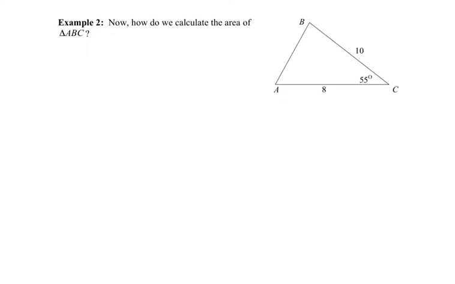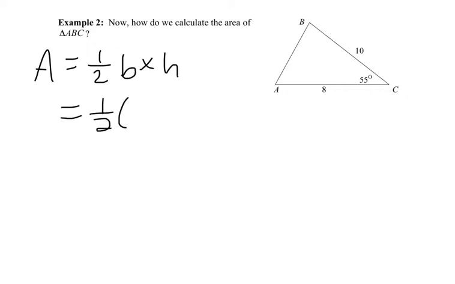Now if we look at this triangle, you had a hint on your page to help you. So if I want to look at this triangle, I still need to do 1/2 base times height, and I know that the base is 8, but I need to find the height.